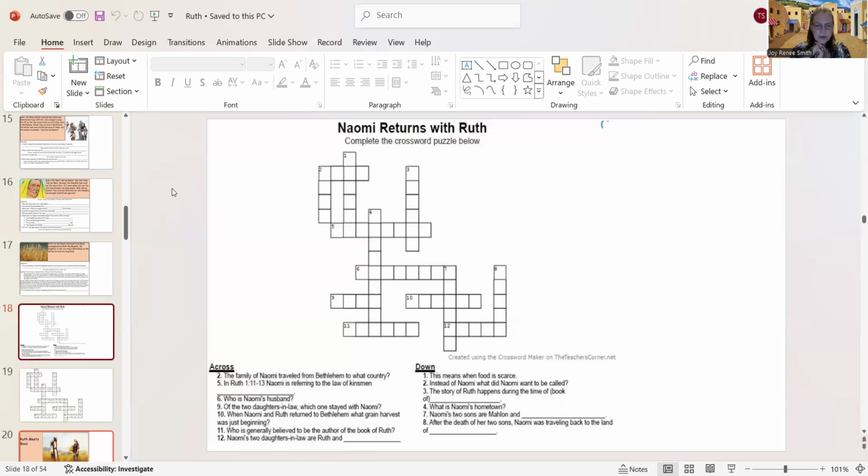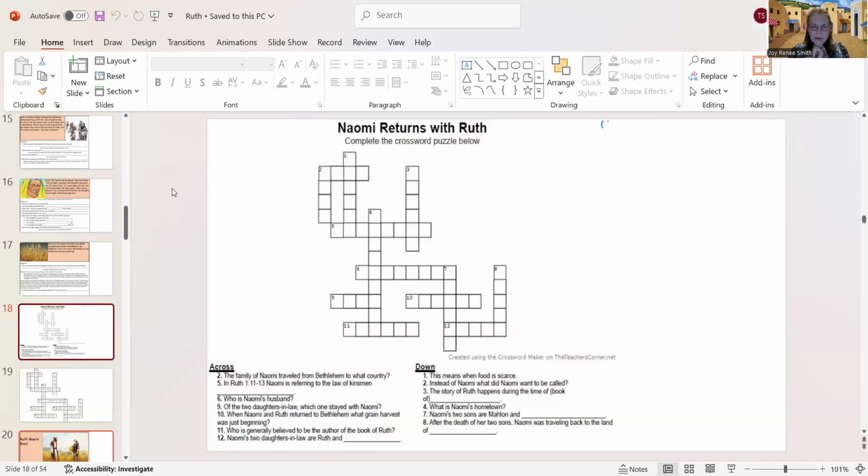Naomi's 2 daughter-in-laws are Ruth and Orpah. One down. This means when a food is scarce, famine. Instead of Naomi, what did Naomi want to be called? Mara. Number 3, the story of Ruth happens during the time of Judges. What is Ruth's hometown? Bethlehem or Ephrathah?